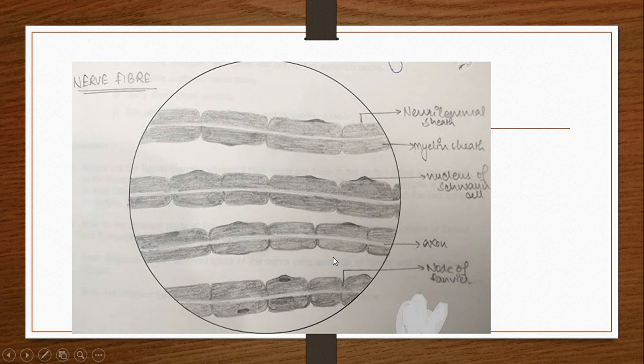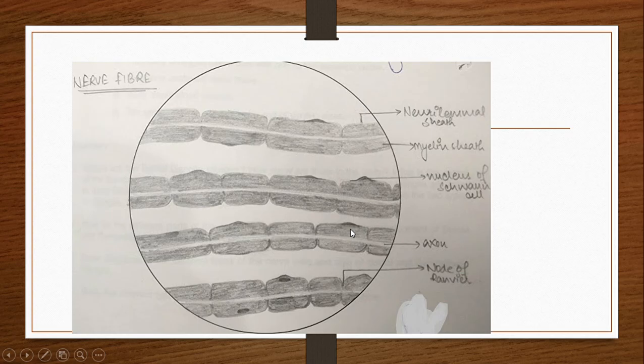Then these are the myelinated axons of nerve fibers, and in between you can see the nodes of Ranvier. These are the common features of a nerve fiber, and how it appears under the microscope.